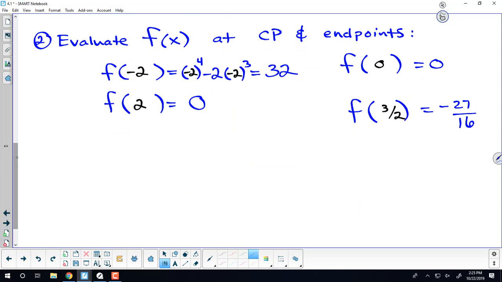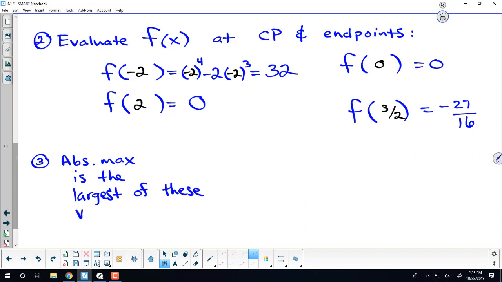And all we do to determine the absolute max is the largest of these values. So our absolute max is 32. And we could say that it occurs at x equal to negative 2 if we wanted to, but the absolute maximum value is 32.